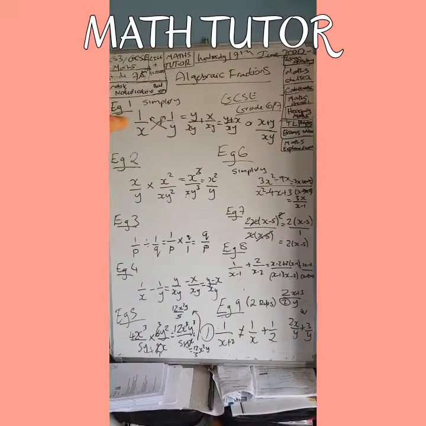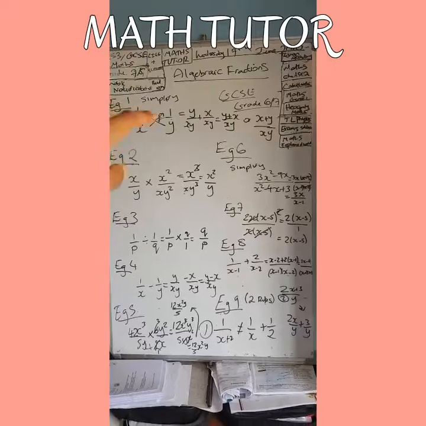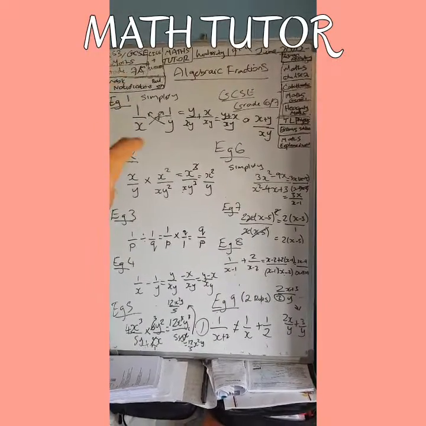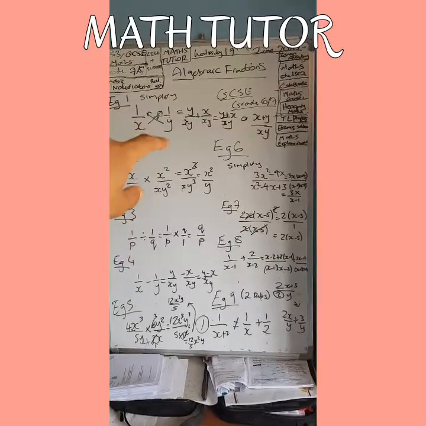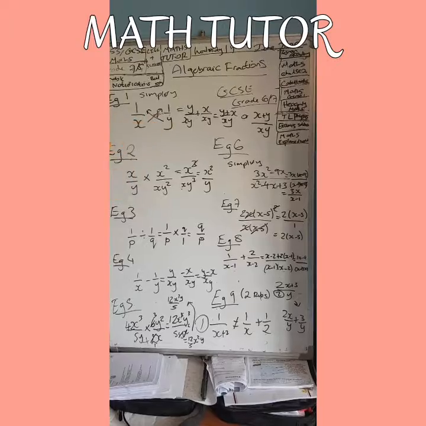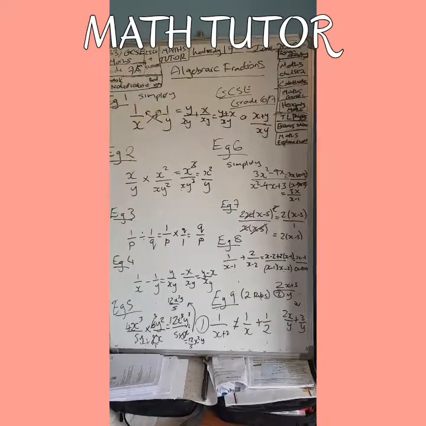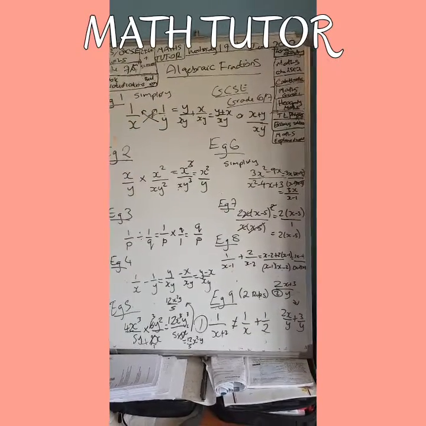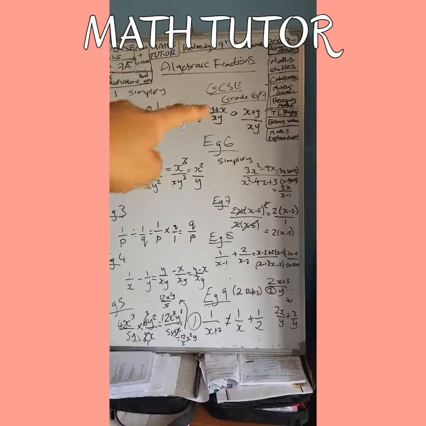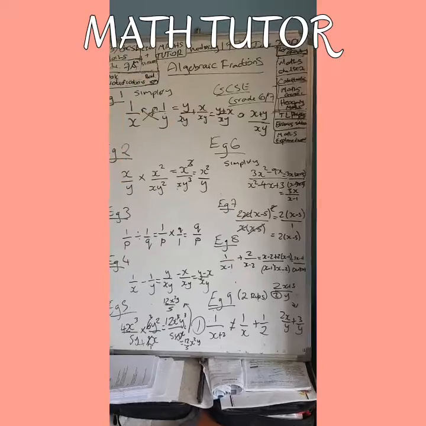Example 1: 1 over x plus 1 over y. Very simply, if it's different denominators, I have to find a common denominator. The common multiple between x and y is x times y, which is xy. So it's cross multiply, xy over xy for the common denominator.